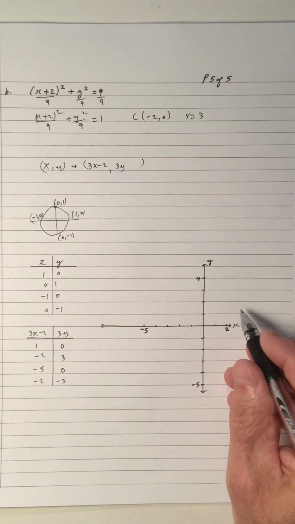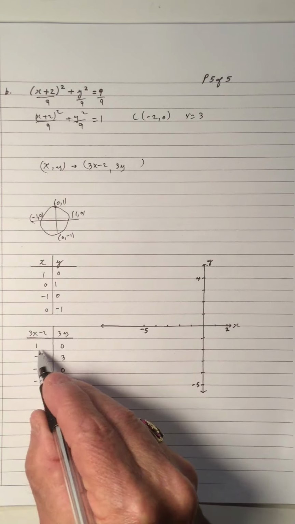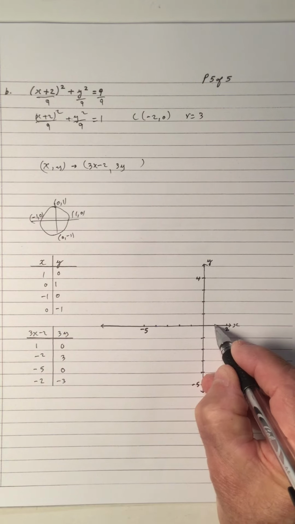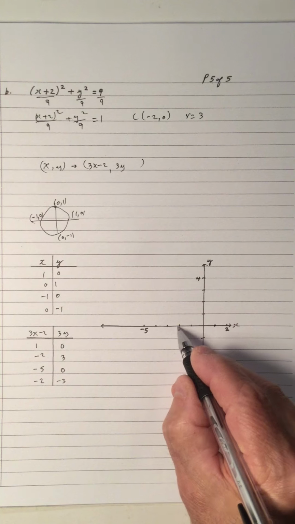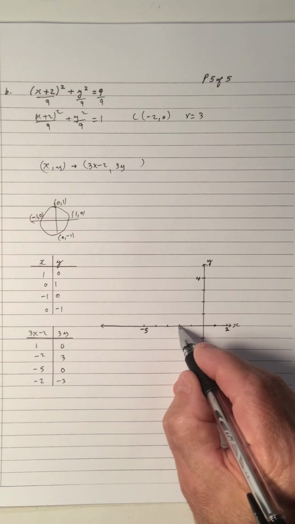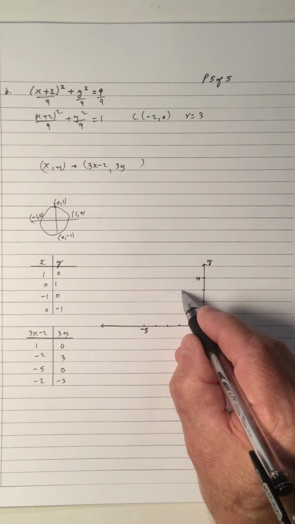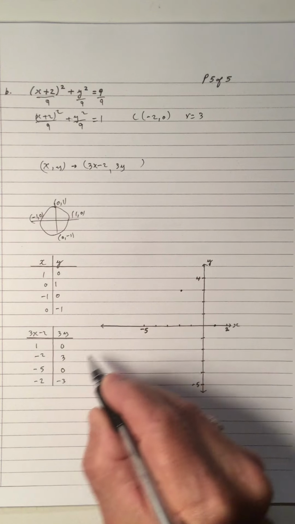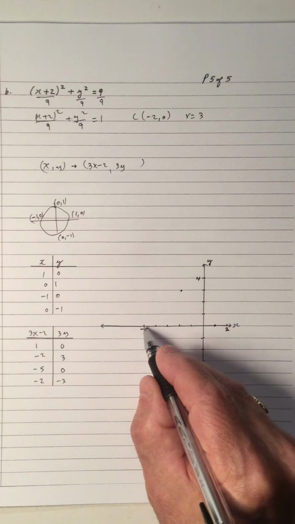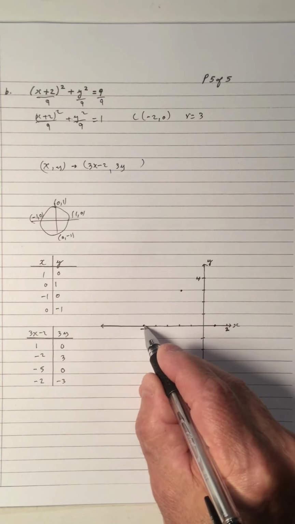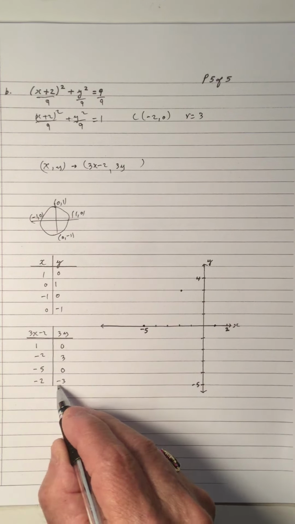So I plot those ordered pairs. 1, 0. X is 1, y is 0. Right there. X is negative 2, y is 3. Negative 2, 1, 2, 3. X is negative 5. 1, 2, 3, 4, negative 5, 0, right there. And we have negative 2, negative 3.